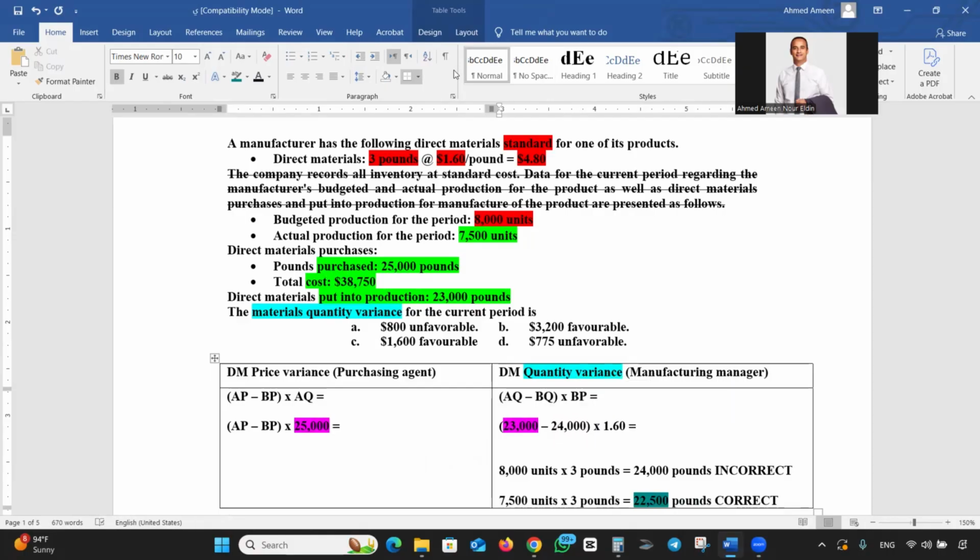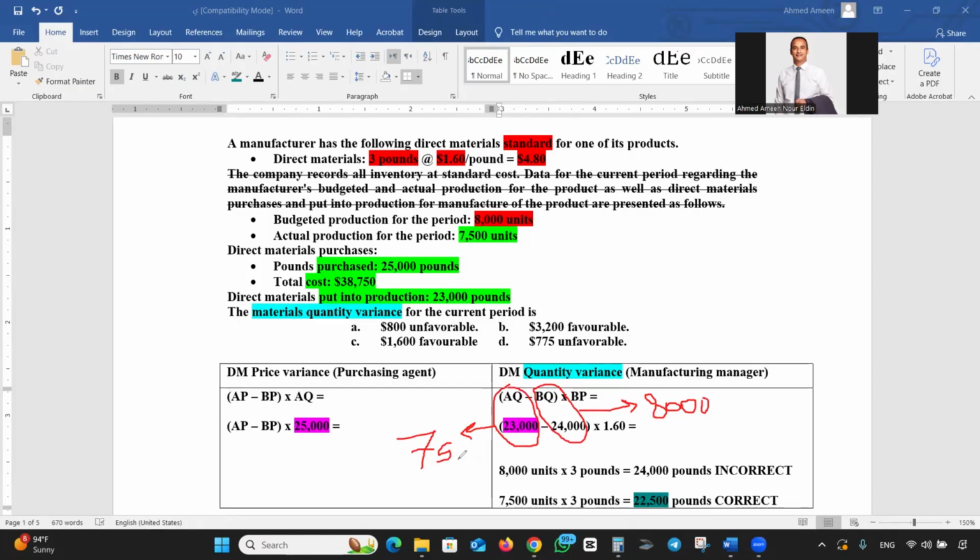Why is it not fair to write 24,000 here? Because 24,000 is the budgeted amount of direct material that will produce 8,000 finished goods, 8,000 outputs, while the actual quantity you wrote here is for producing 7,500.